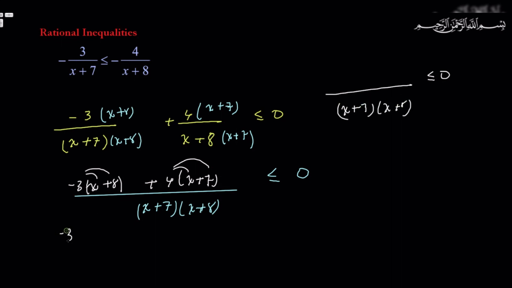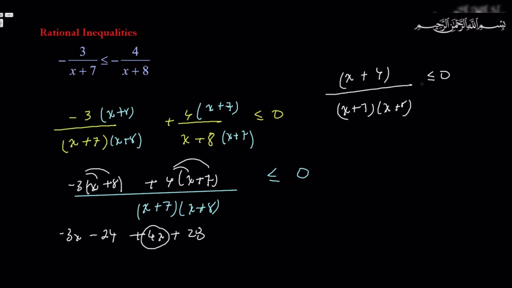And this is -3x minus 24, and this is 4x plus 28 if I did all this correctly. And I can combine these like terms. I get x plus 4 if I did everything correctly.